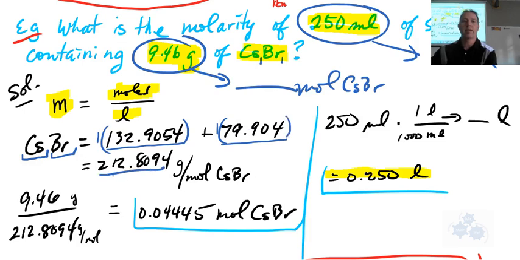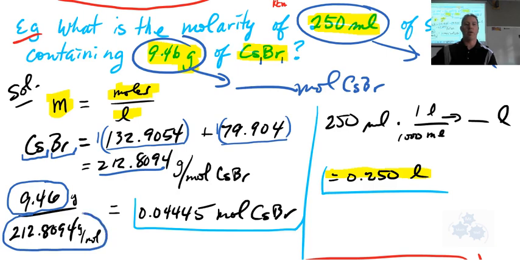You add them up straight and you get 212.8094. That's the mass of exactly one mole of cesium bromide. Well, I don't have that much, do I? I only have this much. So in order to find how many moles this is, I simply take a fraction of what 1 mole would be. So 9 grams out of 212 grams gives me exactly this many moles right here of CsBr.